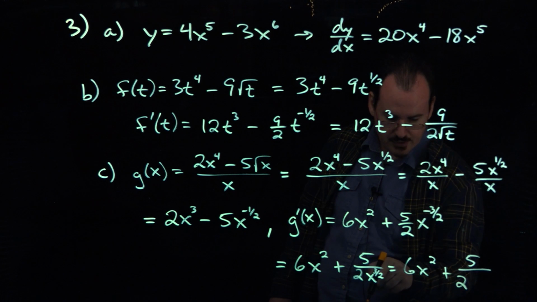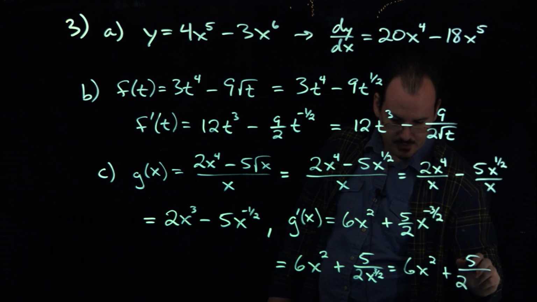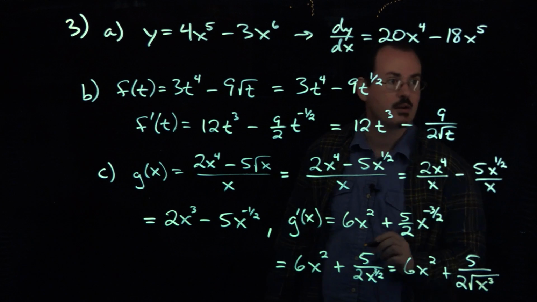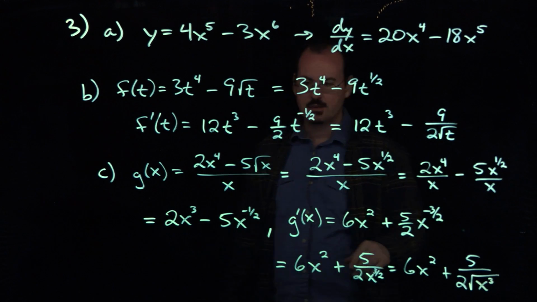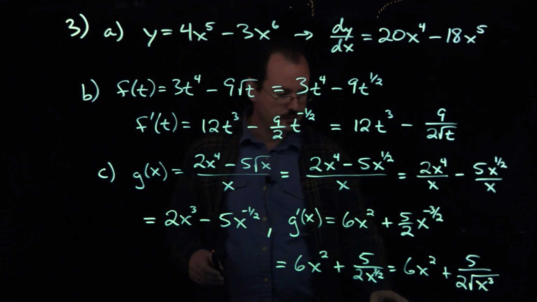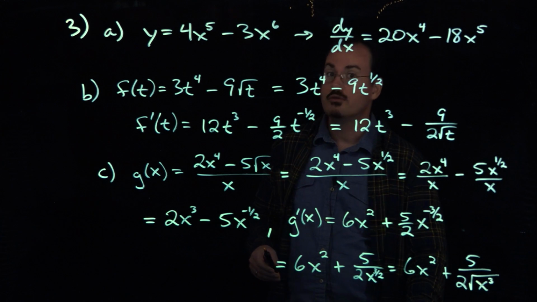The 2 in the denominator of the exponent means a square root. The 3 in the numerator means a third power, so we get a square root of x to the third power. And so that's the derivatives of these three functions, again, basically using variations of the power rule for taking derivatives.